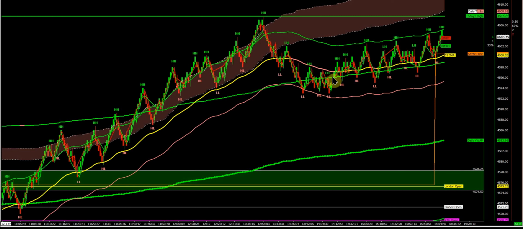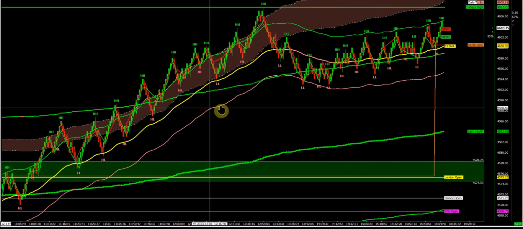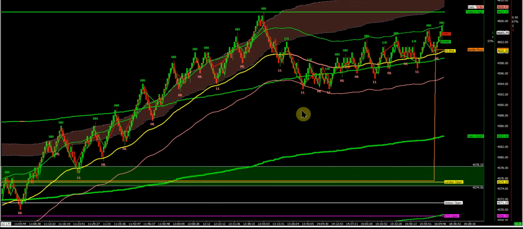Now you're starting to trade basically above this guy and above all this nonsense down here. There's your VWAP extension, or sorry, this is your 55 EMA extension.